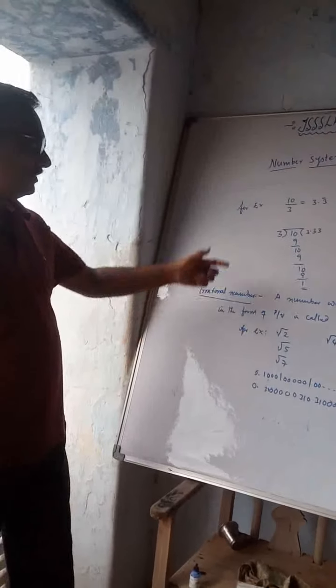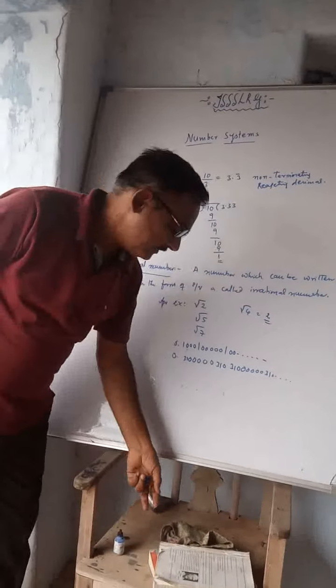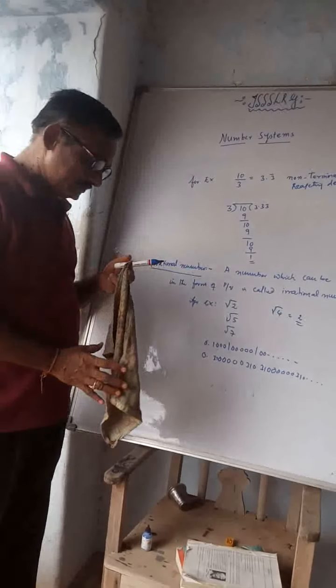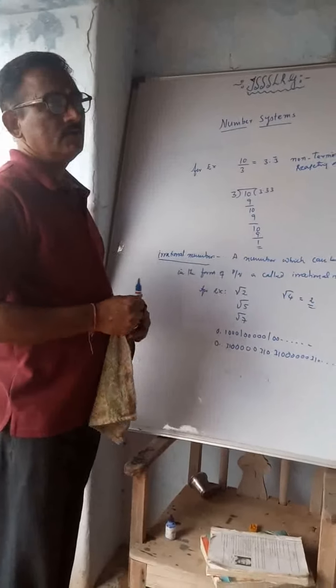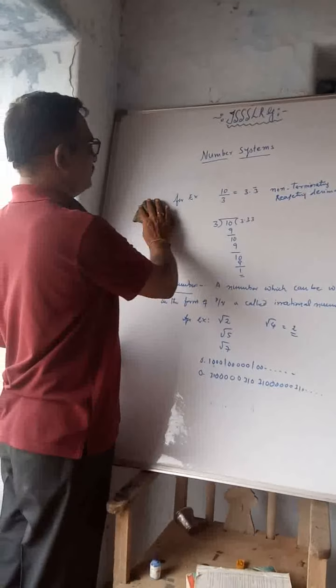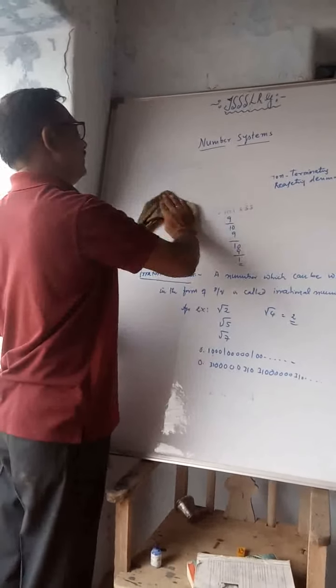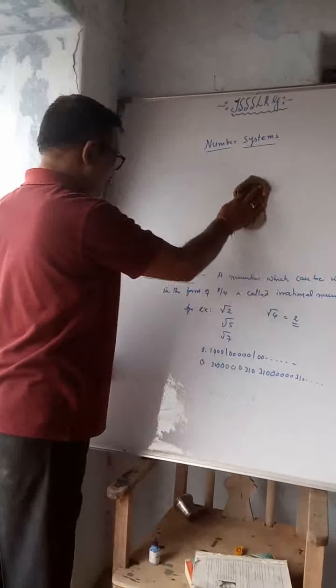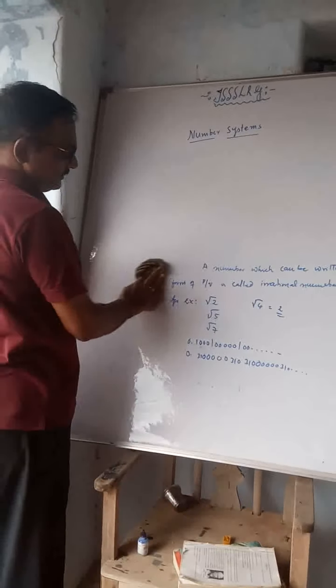Okay. Now one more time we are going to recap whatever we have learnt. We have learnt the natural numbers, the whole numbers, the integers, the rational numbers, and the irrational numbers.